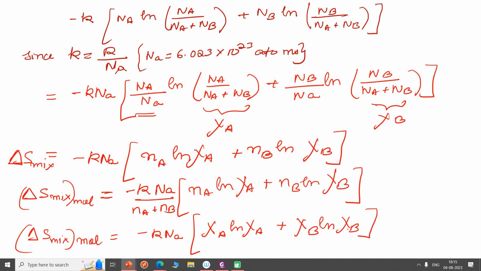And so I'll just write what I have mentioned here, since chi A by definition is the mole fraction, so it's the total number of moles of A divided by the total number of moles in the system, right?